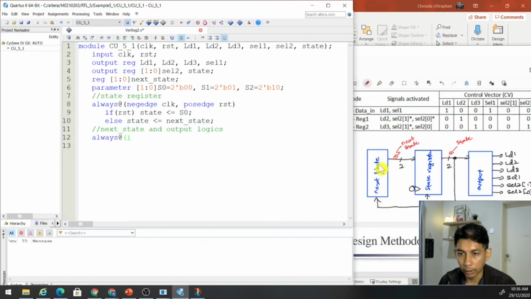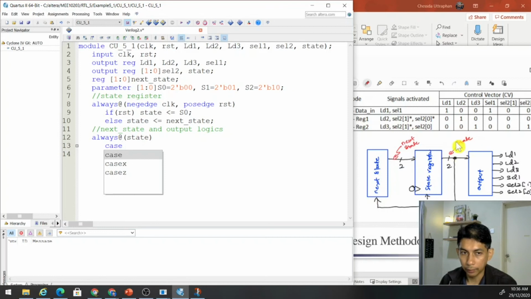For this one, the input is this, or sensitive to this signal, so we call it state, and this one also sensitive to the state, so should be no problem. Only state.